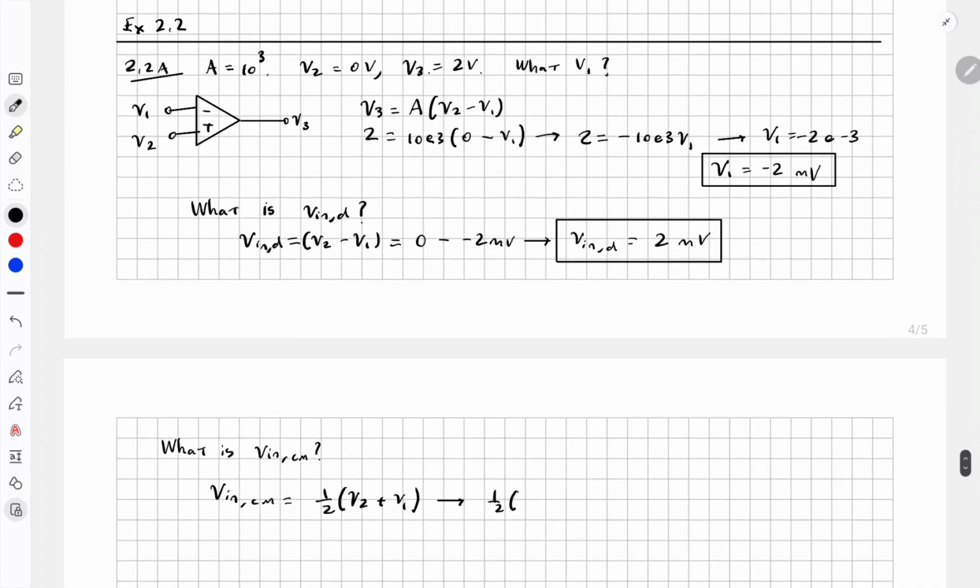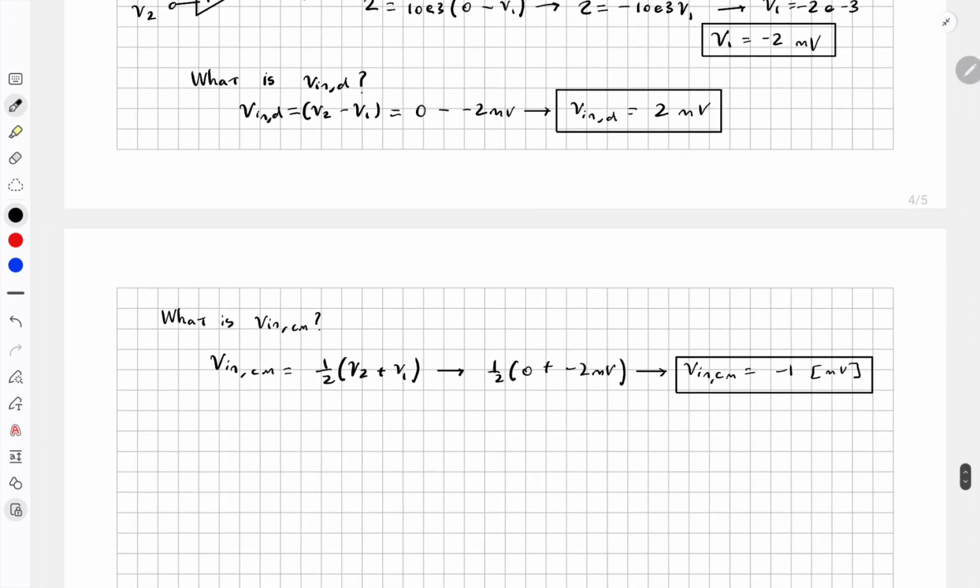V2 is 0, plus V1, as we found, was negative 2 millivolts. So V in CM, the common mode input, is negative 1 millivolts.